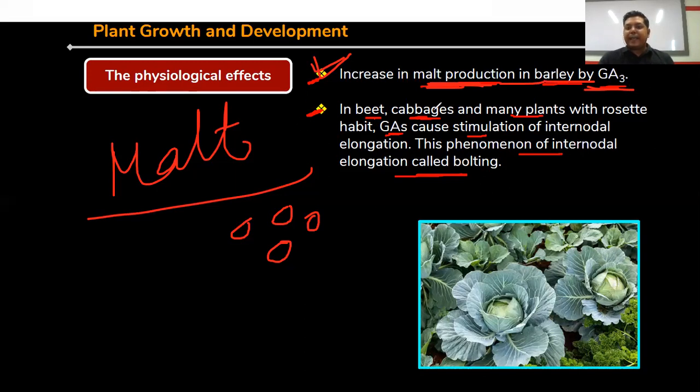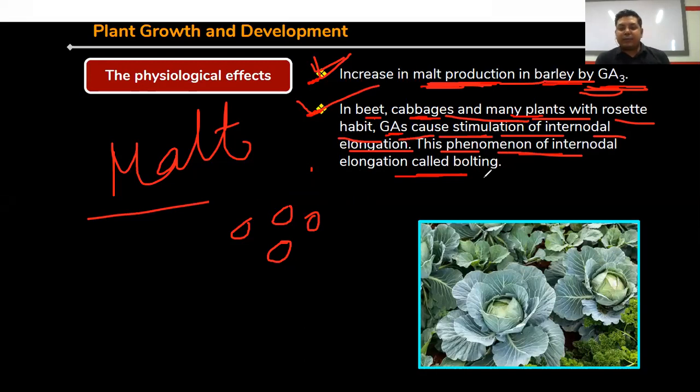Clear? In beet, cabbages, and many plants with rosette habit, gibberellins cause stimulation of internodal elongation. This phenomenon of internodal elongation is called bolting. Clear? So another important function done by gibberellic acid or gibberellin is bolting. So these are the main functions of gibberellic acid.